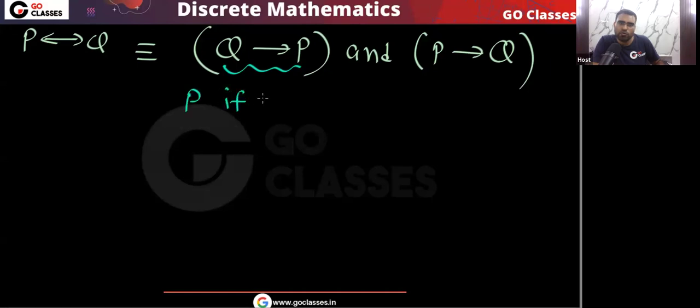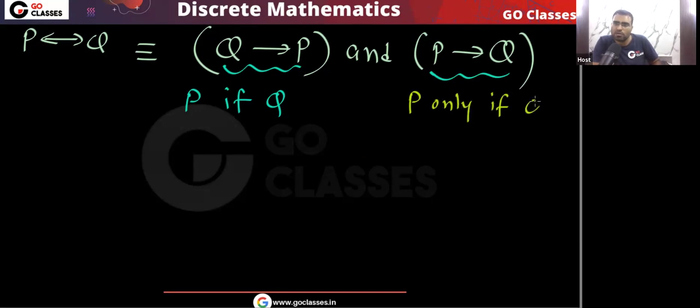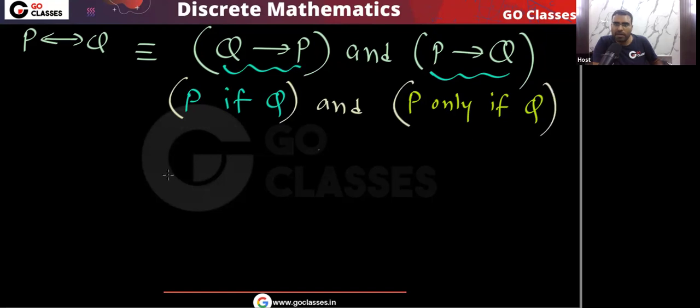Q implies P means P if Q. Do you agree? And P implies Q means P only if Q. Now you combine them: P if Q and P only if Q. If you combine them, what you will get?